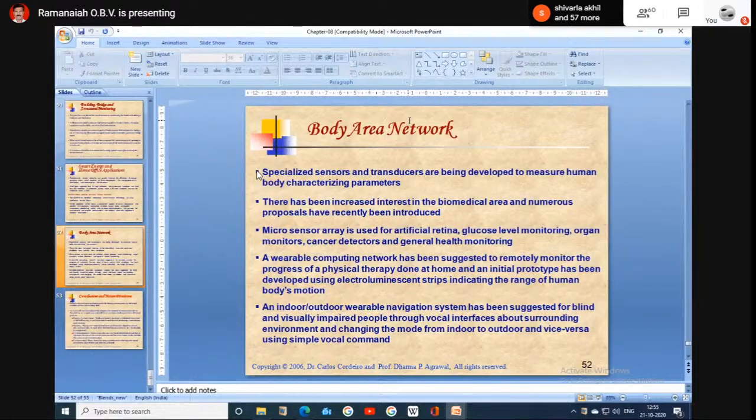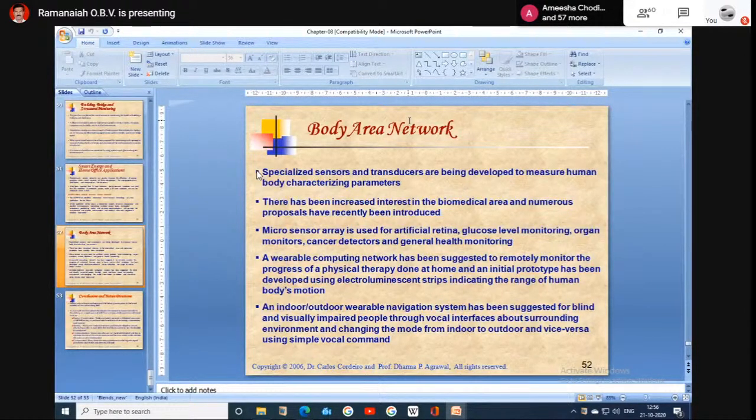What are the technologies here? You may use Bluetooth, Zigbee. This is based on the ISM band, industry, science and medical band, which is free. Otherwise, other parts of the spectrum are chargeable.